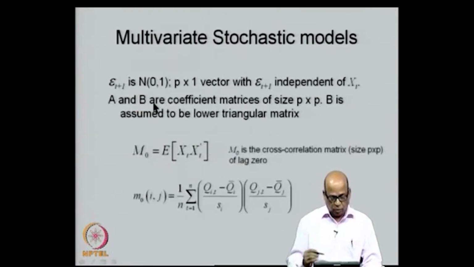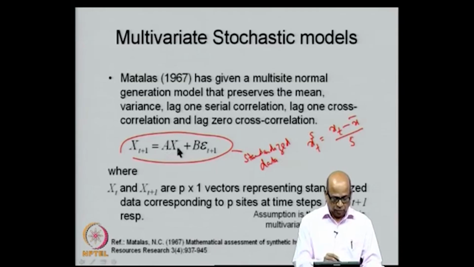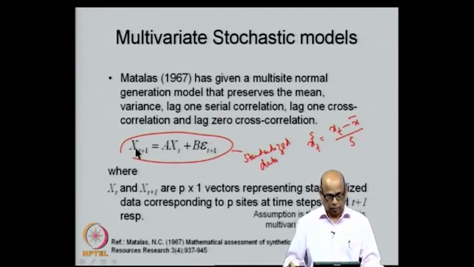Now, A and B are coefficient matrices, and both of these are of size p by p. This is p by p, this is p by p, and this x t is p by 1. So, you have p by p here and p by 1, and this will be a p by 1 matrix.